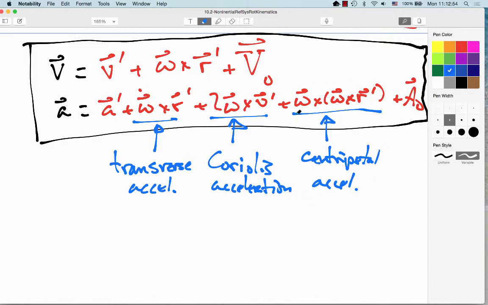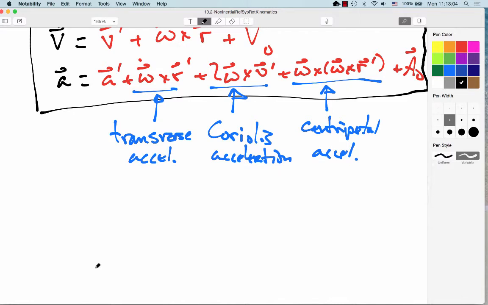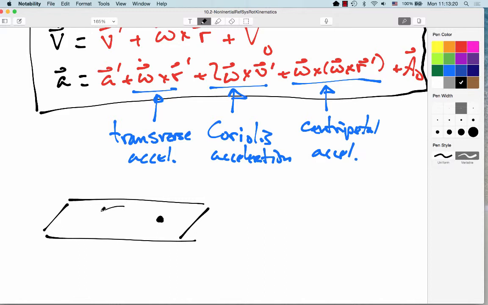Since I called this the centripetal acceleration, it would probably be good to show that this is indeed the centripetal acceleration we saw in our 200 level physics. So let's say we've got some object moving around in a circle like so. There, it's not too bad.